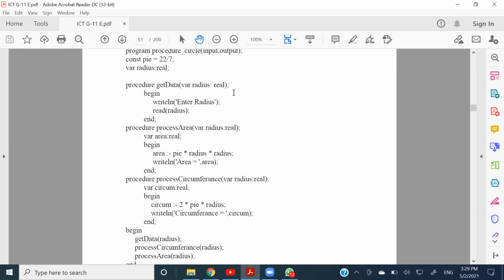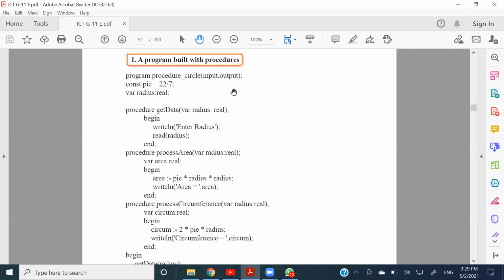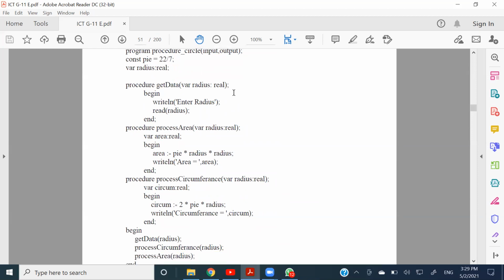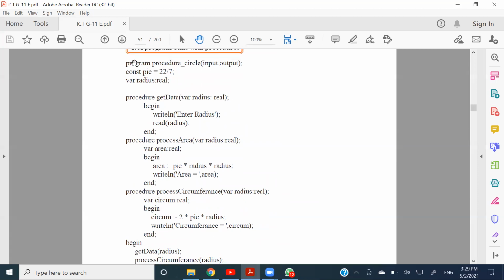If they ask something like that, you have to give the entire name with all the characters. So this is going to be your name.